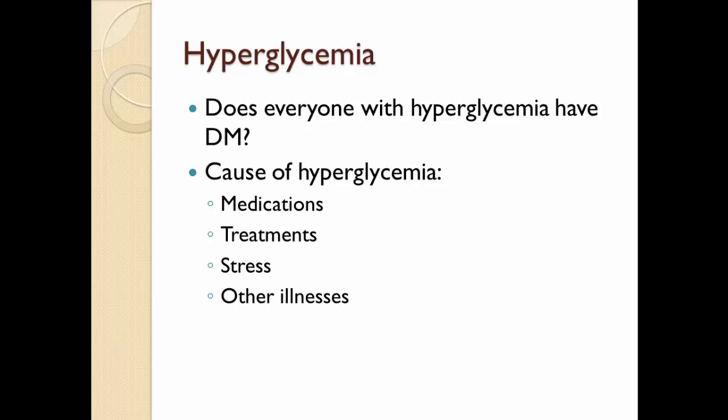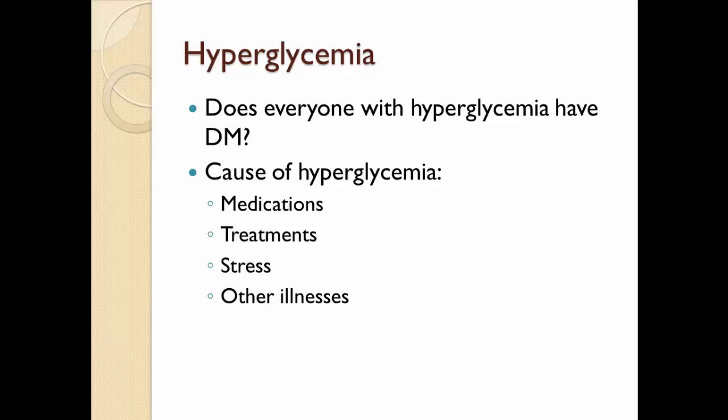Stress: we have higher levels of epinephrine in our system, and we also have a higher level of circulating cortisol, which can cause us to have hyperglycemia. It doesn't need to be anxiety stress like we think of it, but it can be the body going under a stressor like an illness, surgery, or trauma. So a lot of times patients in the hospital have blood sugar a little more elevated than normal.